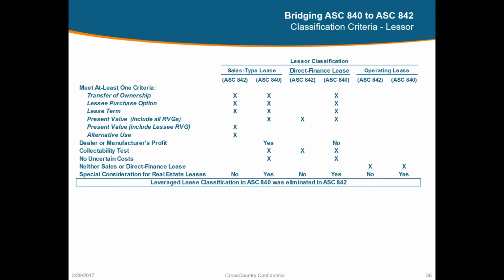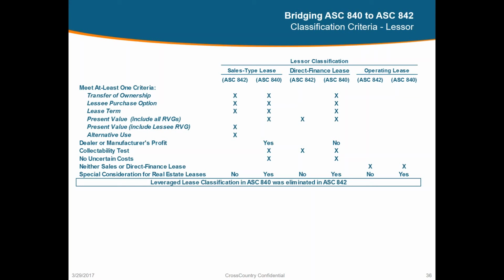As discussed on the previous slides, the distinction now largely turns on the inclusion or exclusion of third-party residual value guarantees, the present value test, as well as the collectibility test. As is the case for the lessee classification model, an alternative use test was added to Part 1 of the lessor classification model.